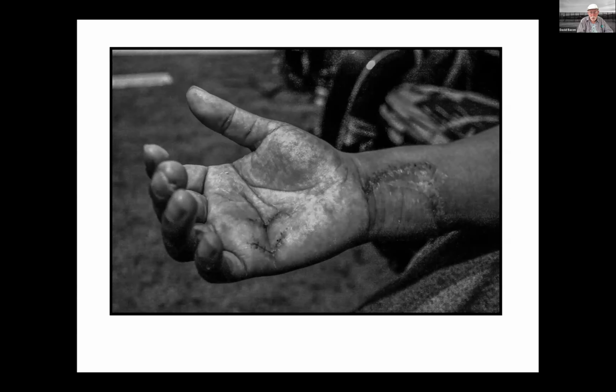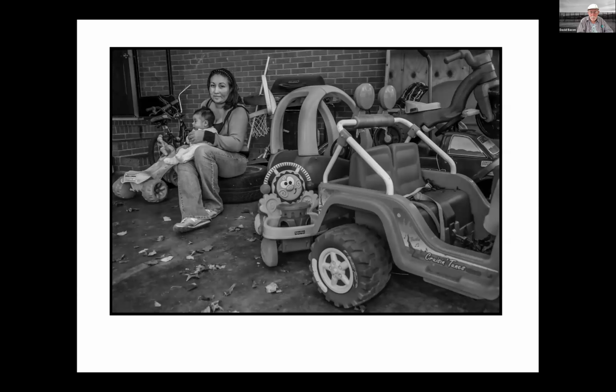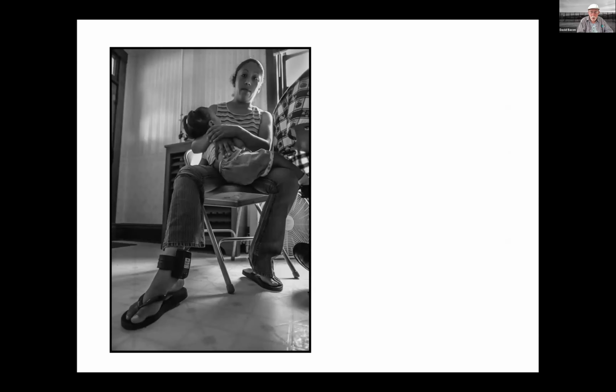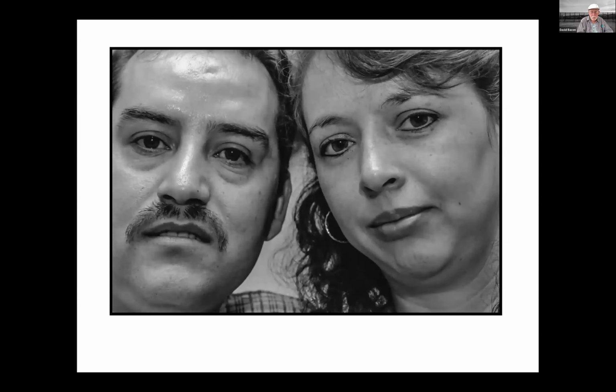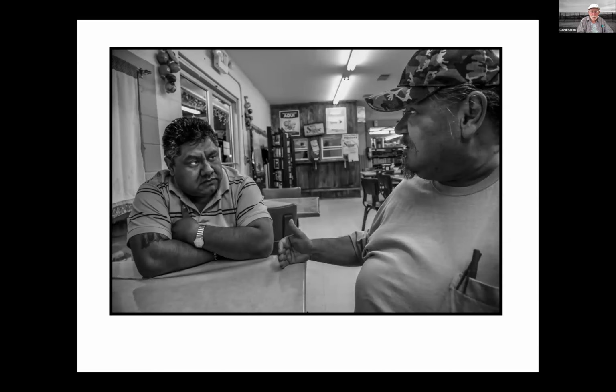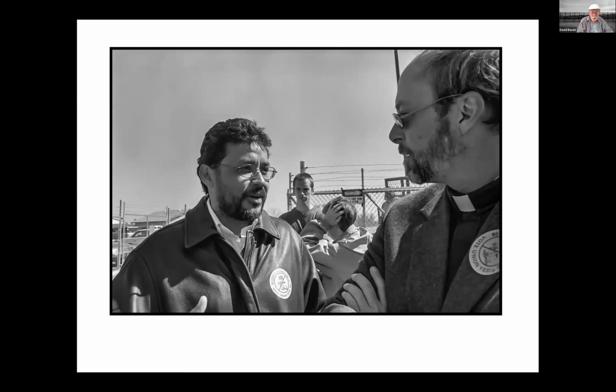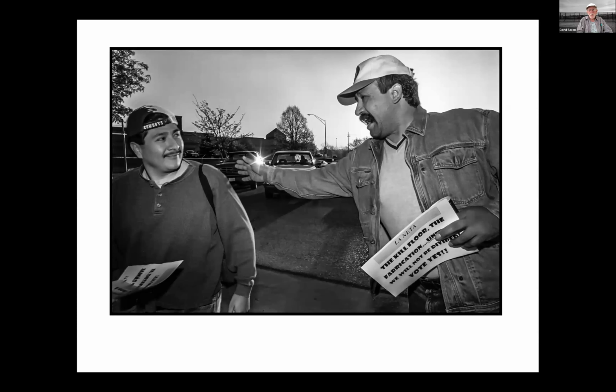Again, all of the photographs that we're looking at are from during the union election. Here we see people doing things that are active. They're not just simply being victims. They are trying to change the world, really.